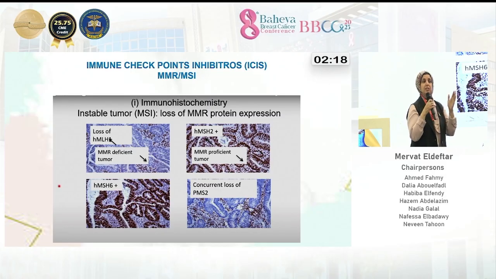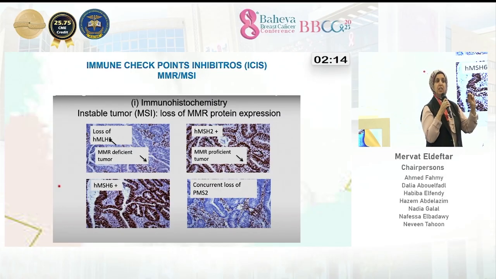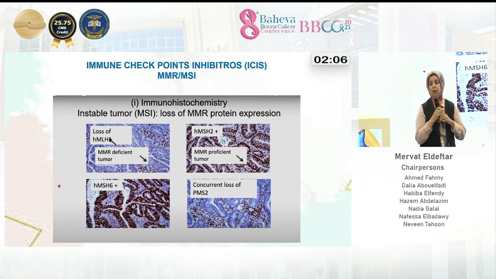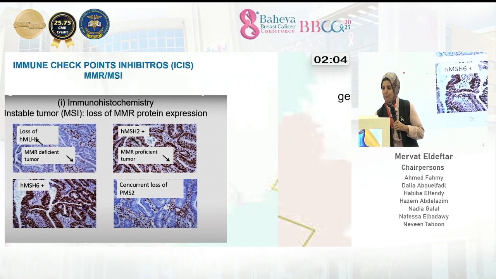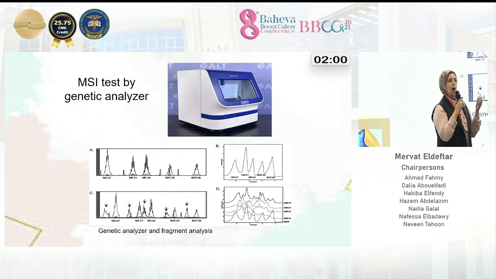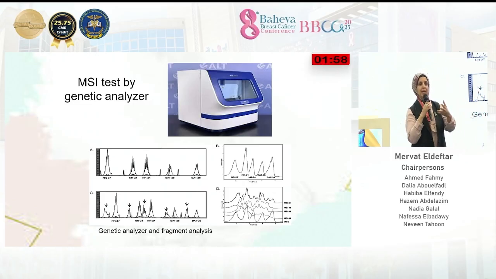Therefore, the first step to determine the MMR status is to perform immunohistochemistry and see if there is an expression of the four proteins, or if one of them is lost. The MMR are the proteins, but their function relates to microsatellite instability.